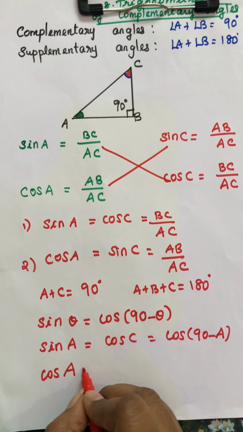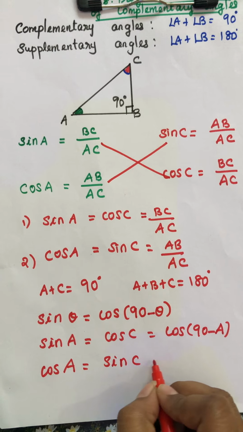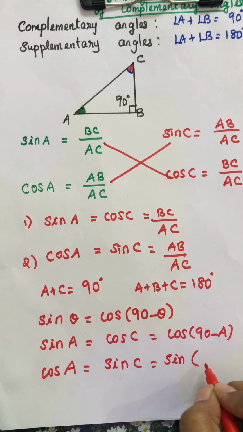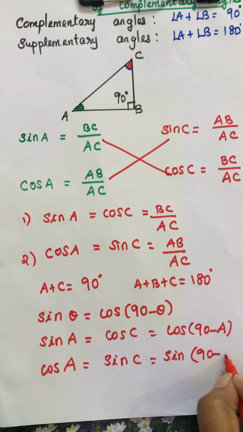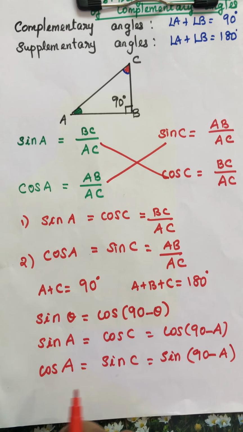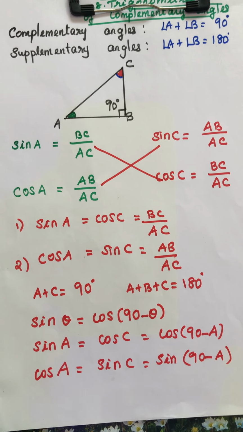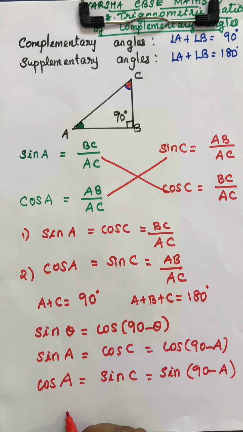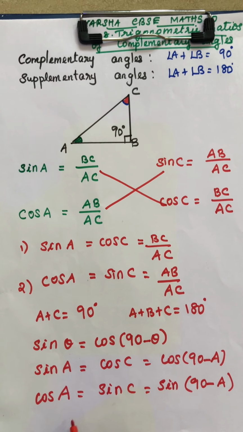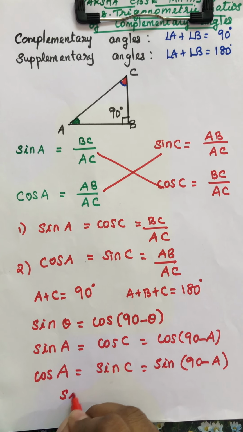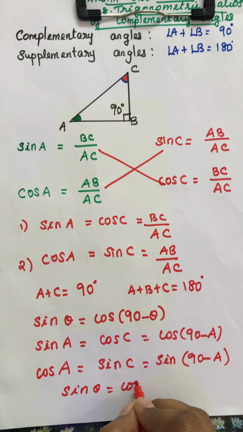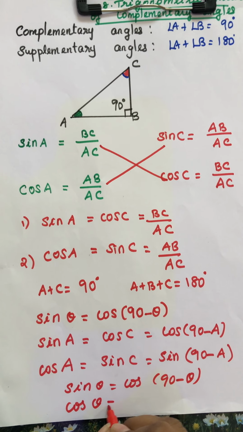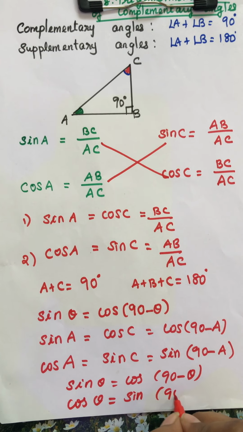That is cos A, which is equal to sin C, and this C can be written as 90 minus A. This is how the formula comes. I hope you all understand. So finally, sin theta is equal to cos 90 minus theta. Then the second formula, cos theta is equal to sin 90 minus theta.